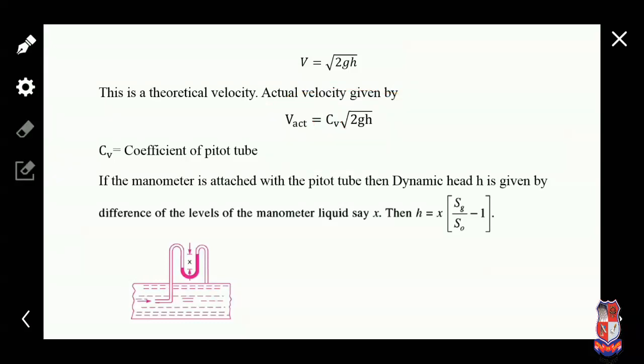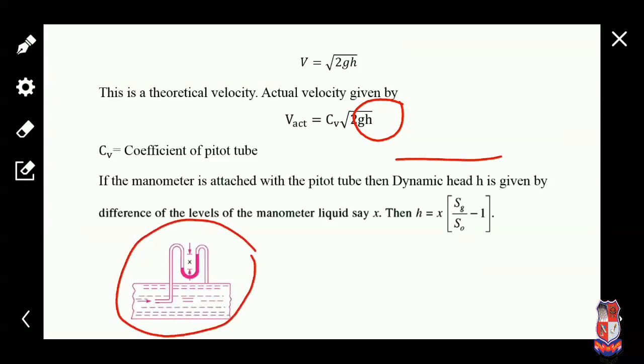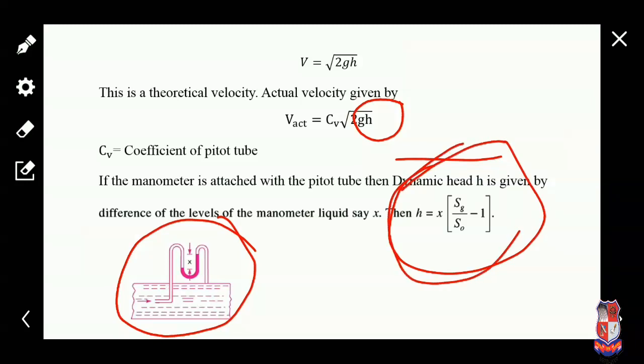Now in this equation, H is the dynamic pressure head. If a manometer is used with the Pitot tube, then the value of H is found by this equation: H is equal to X times Sg upon So minus 1.